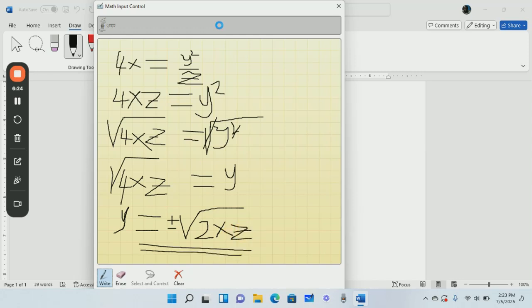So this is our final answer. We have made y the subject of the relation. If you look at it critically, it's very simple but tricky. So that's it for example 2.